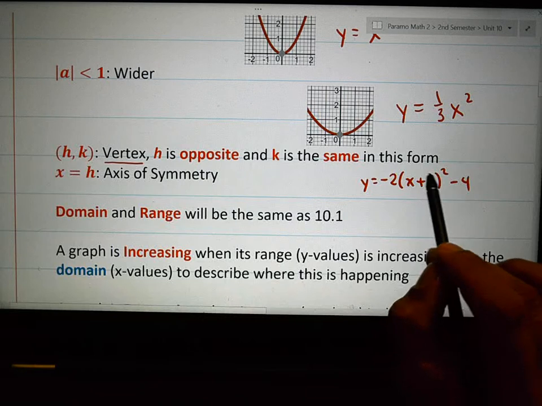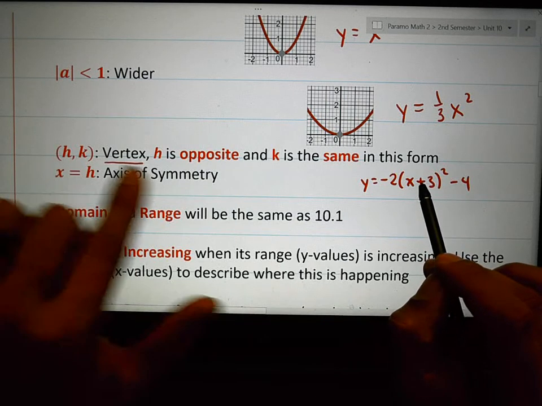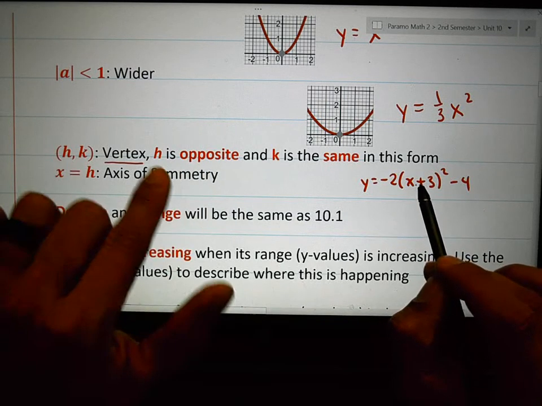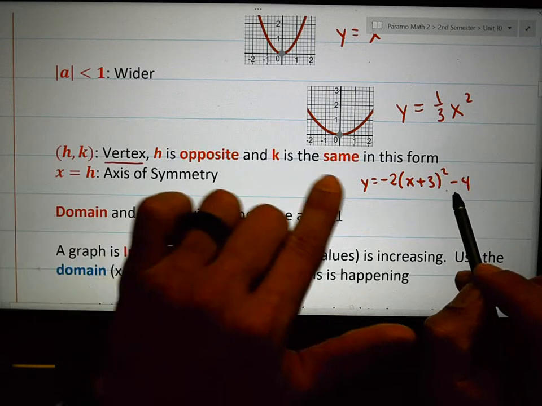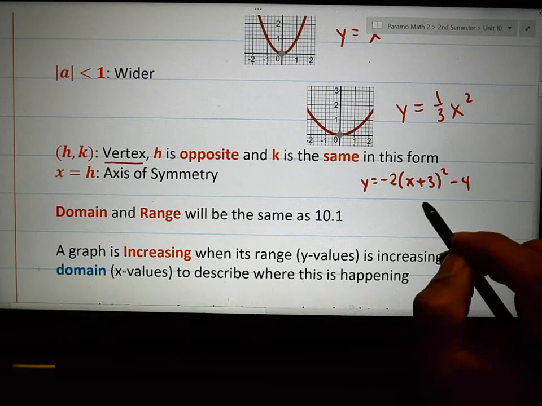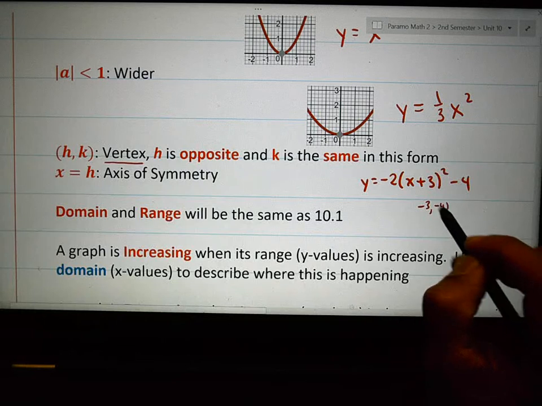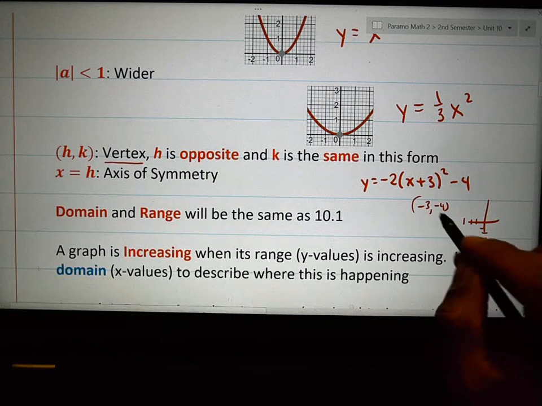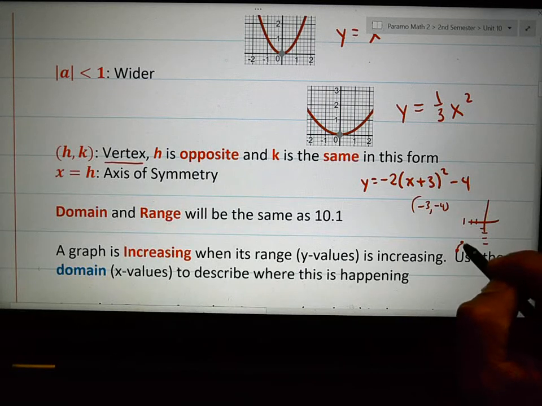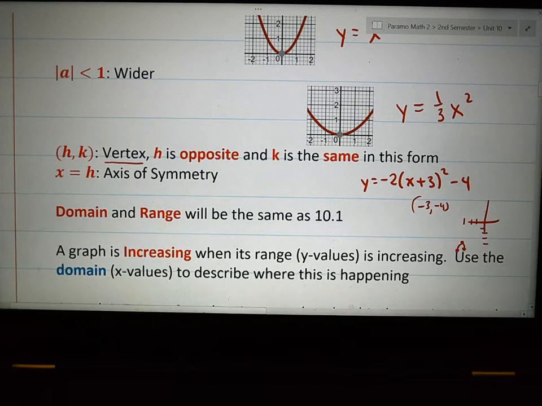You know that the h would be the opposite of this, -3. The k is the same as this, -4. Your vertex would be at -3, -4. You can go and graph that. You can go to -3, -4, opening down and have a nice narrow graph.